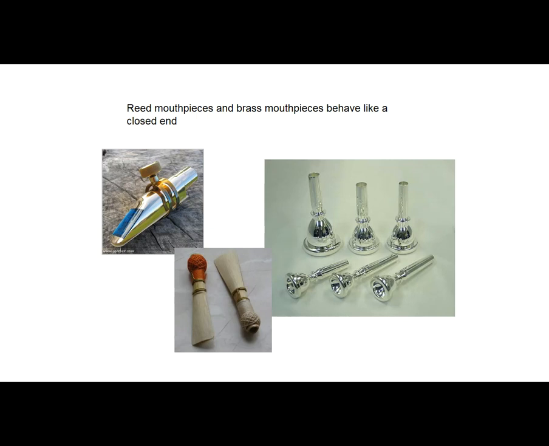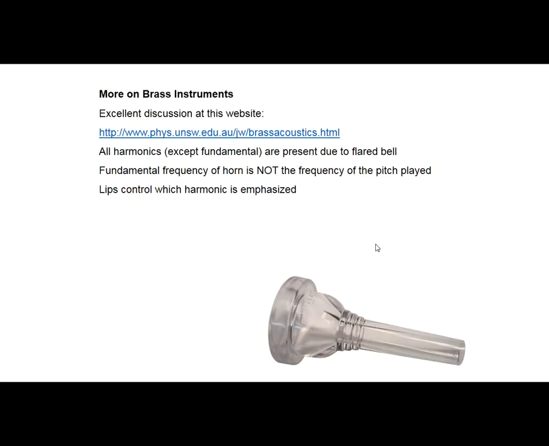The mouthpieces for some brass instruments will act like a closed end. Imagine this trumpet piece here: we're applying our pressure on the mouthpiece, and so it's not open to the atmospheric pressure. So this will actually be something that is closed at the end where your mouth is.